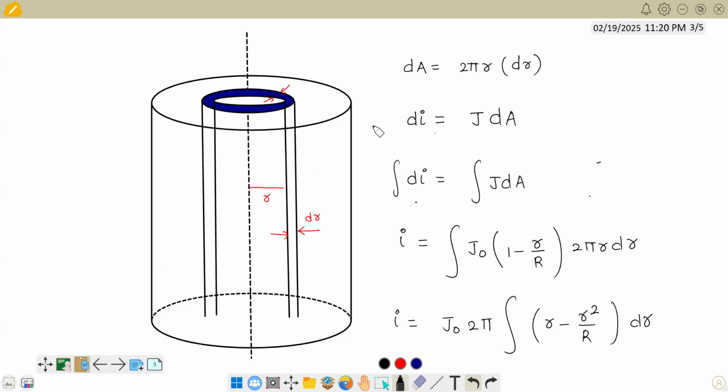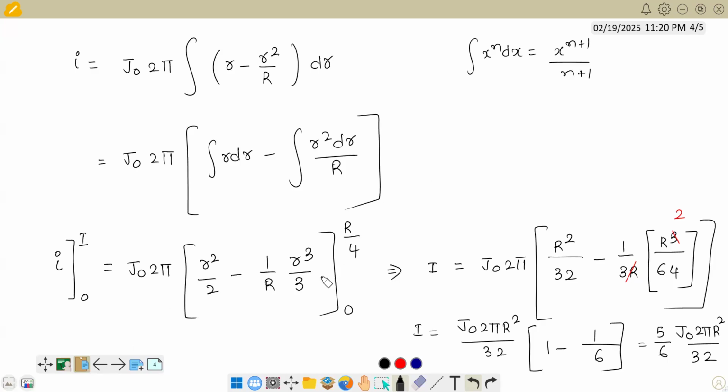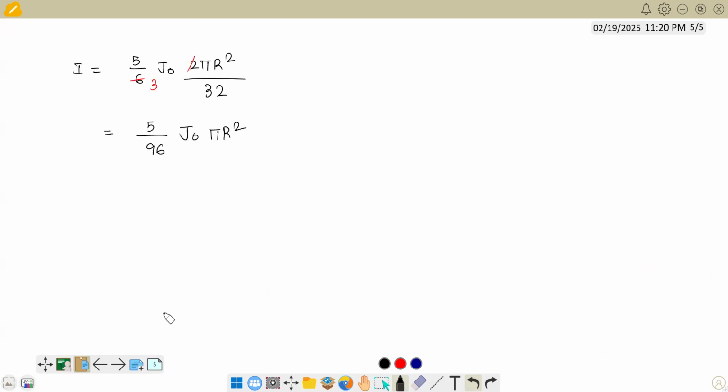We selected a small strip, wrote the dA expression, and substituted everything in the integration. Finally, we got the expression for I as 5 by 96 J naught into pi R square. You can clearly see how rapidly the current density is decreasing, and we ultimately got the current in that section as just 5 by 96 J naught into pi R square.